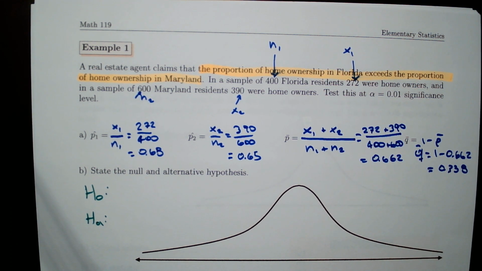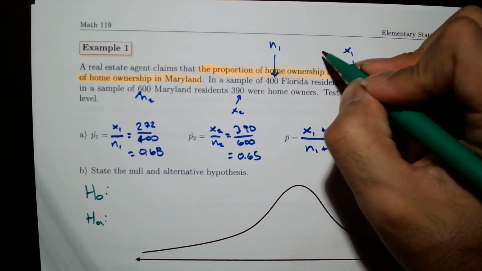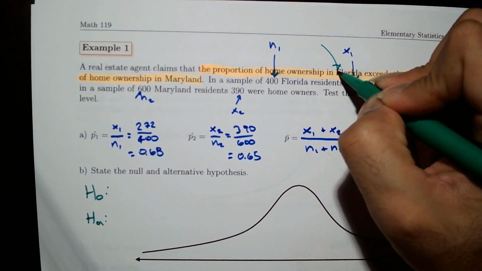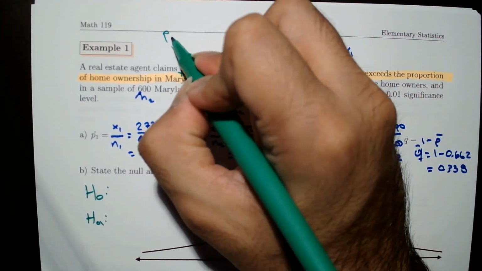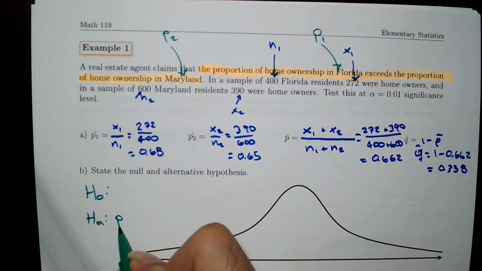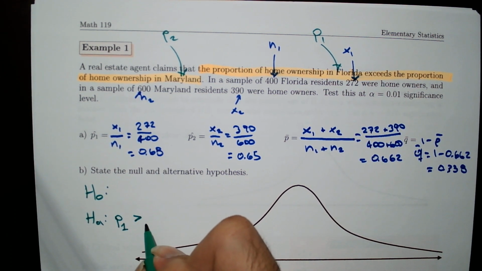Well, that's going to be our alternative hypothesis. So Florida is P1 and Maryland is P2. Our alternative hypothesis states that P1 is bigger than P2.